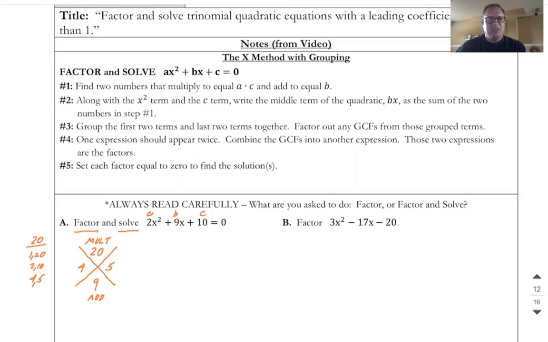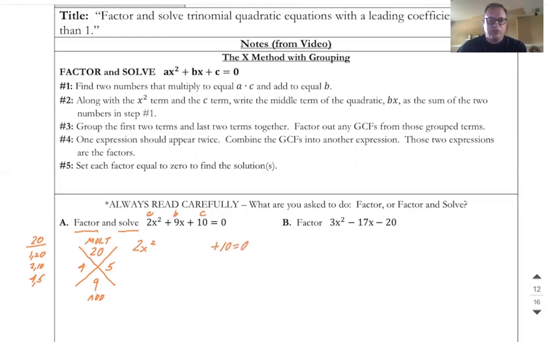Now step 2 says, along with the x squared term and the c term, write the middle term of the quadratic, bx, as the sum of the 2 numbers in step number 1. So here's what we're going to do. We're going to take this 2x squared, bring it down. We're going to leave a little space, put the plus 10.